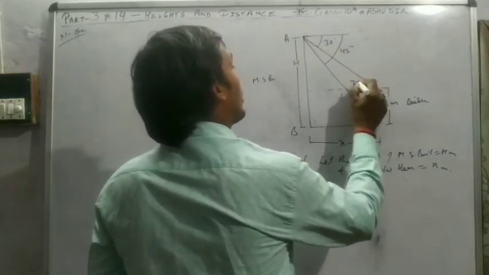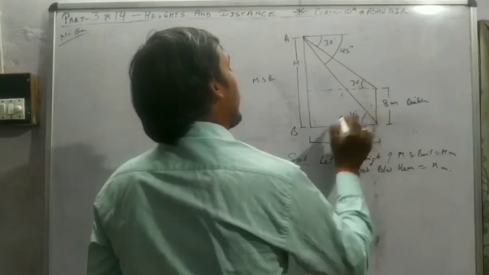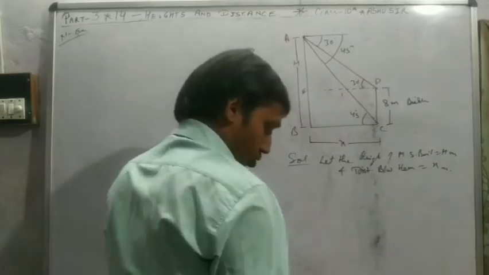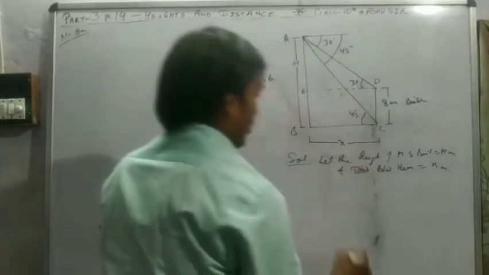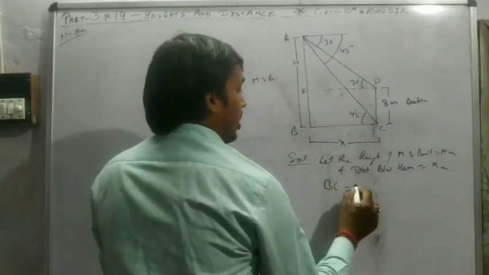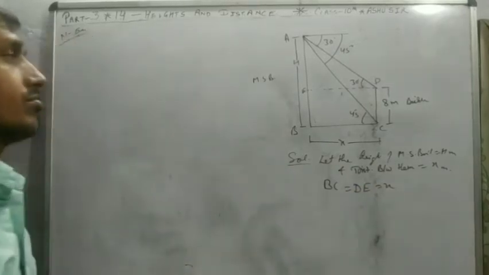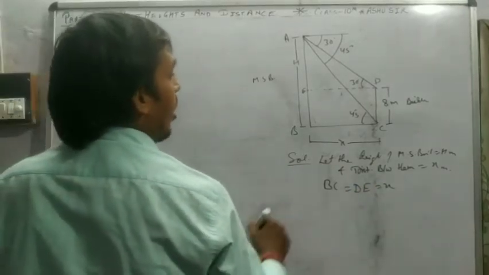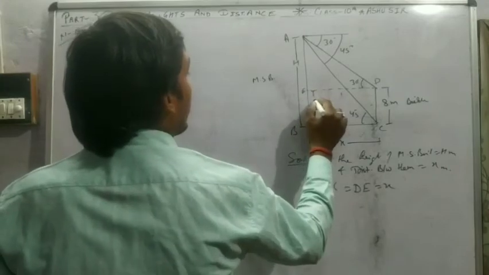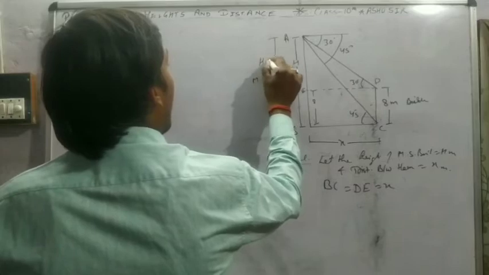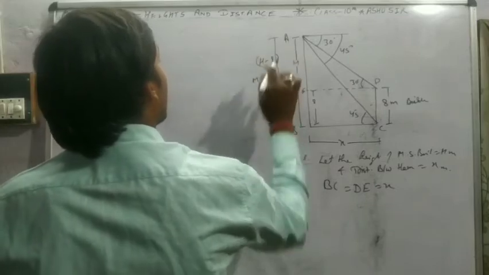So this angle is 30, this angle is 45, points A, B, C, D and E. Say BC is equal to DE is equal to x, a rectangle forms, and this part is 8 meters, so the remaining part is h minus 8 meters.